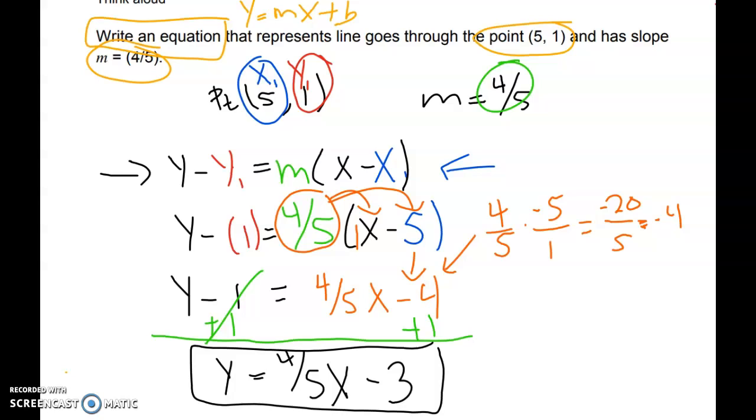As soon as I was done with that, all I had to do was simplify, meaning I needed y by itself. So I distributed the 4/5 inside the parentheses. As soon as I was done distributing, I grabbed whatever constant was on the left-hand side and moved it over, doing the inverse operation, of course, and I ended up getting the new equation of y is equal to 4/5x minus 3.